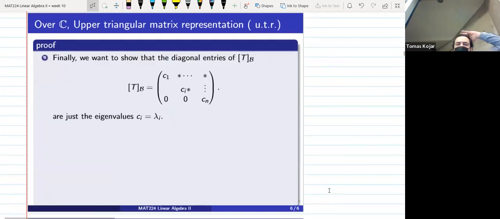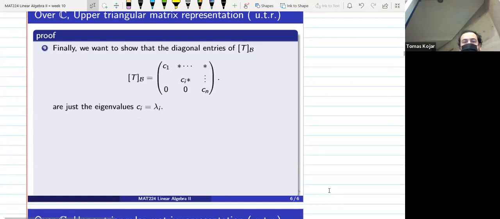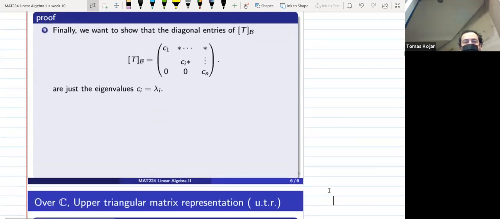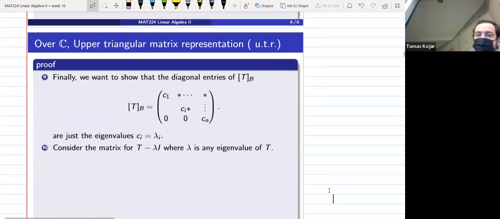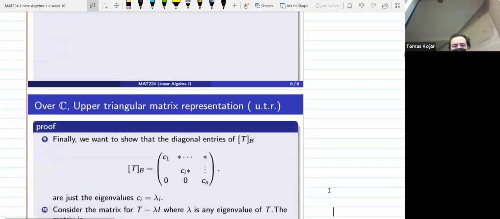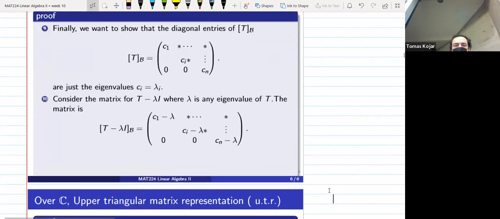Okay, we're not done. This is interesting because they're not just upper triangular, the diagonal entries are eigenvalues of the matrix of the map. So you're almost at the spectral theorem. So how do you do this? You take this difference and you look at its matrix.